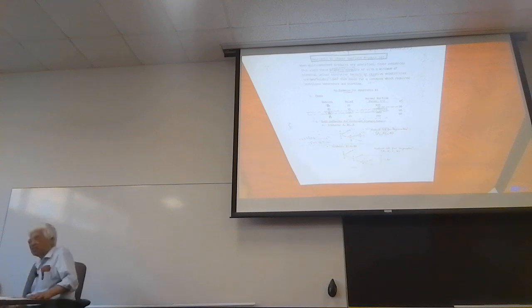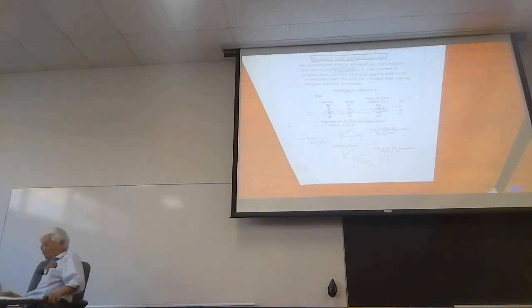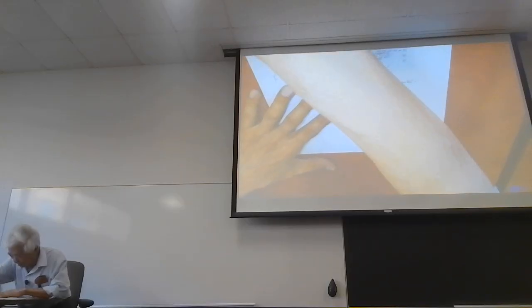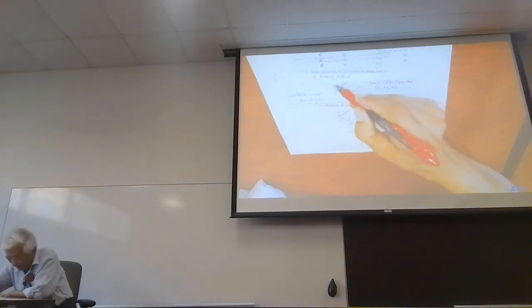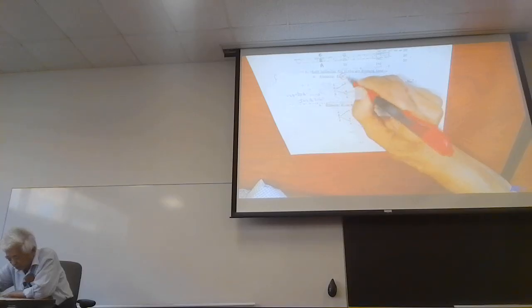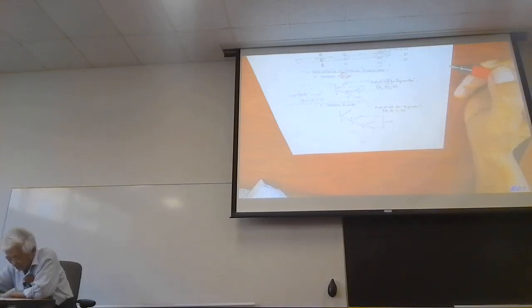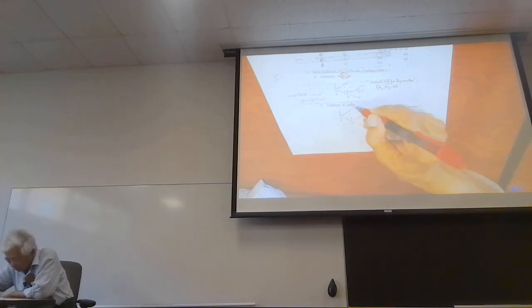The next heuristic: common sense. Look at the example here. A, B, C, D. BC is a single product. The next example, BD is a single product.